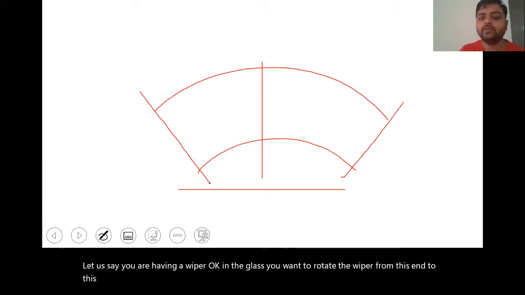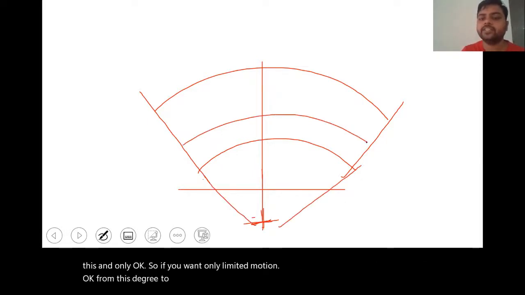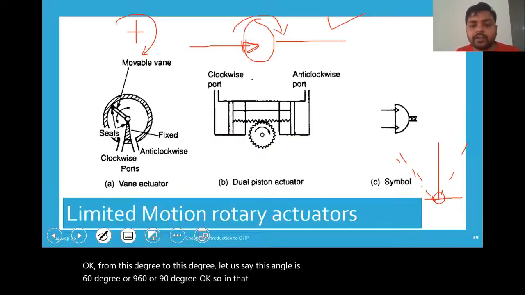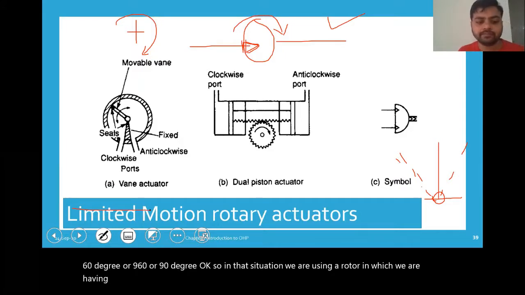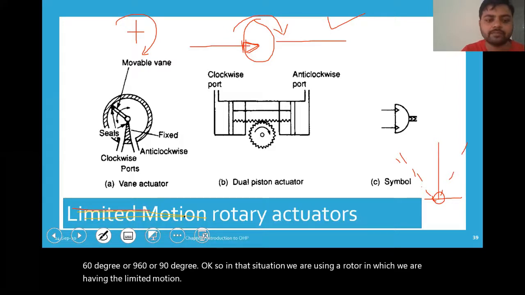If you want only limited motion, from this degree to this degree, let us say 60 or 90 degrees, then in that situation we use a rotor with limited motion.